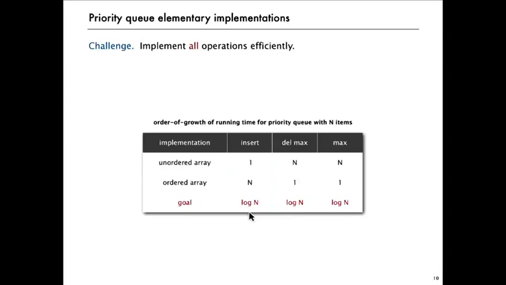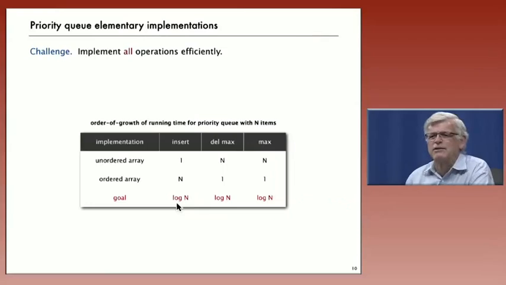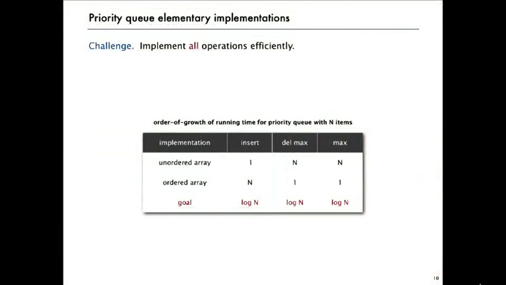Whereas what we can hope for and what we actually will achieve is to get log N time for all operations, time proportional to log N for all operations. With a clever data structure and interesting implementation, we can actually achieve that goal. That's the basic API and some elementary implementations for priority queues.